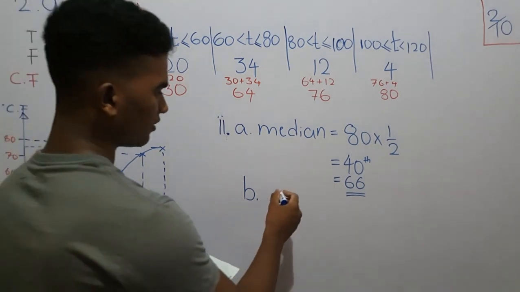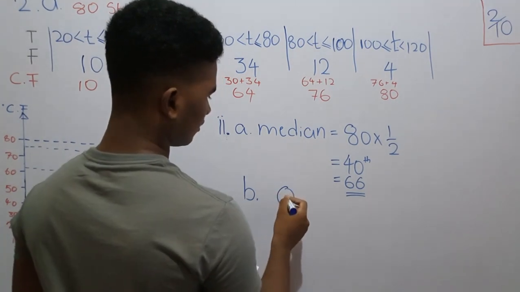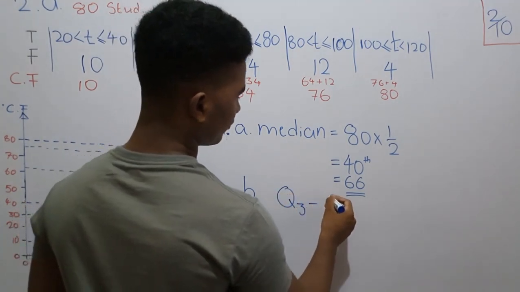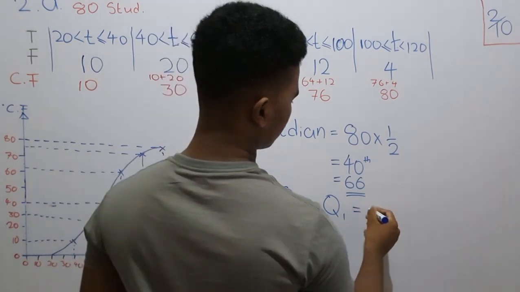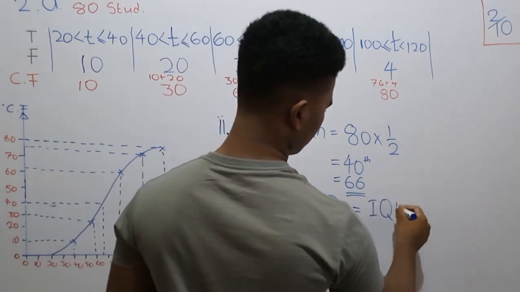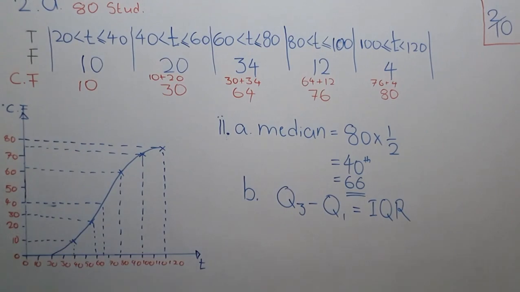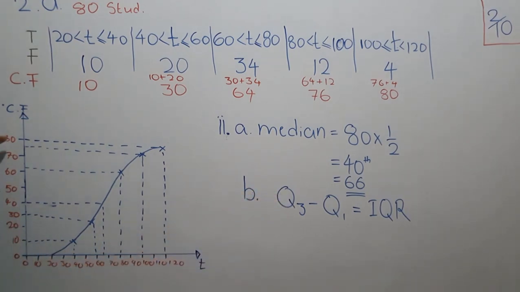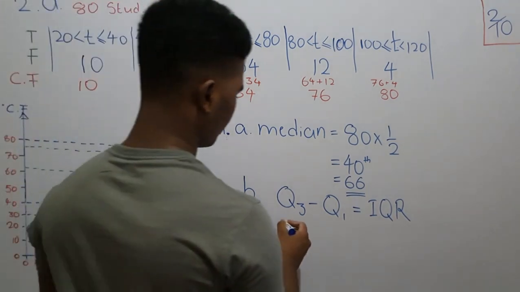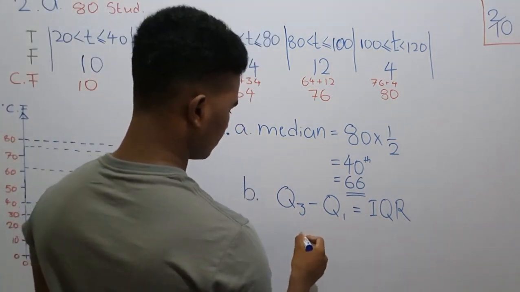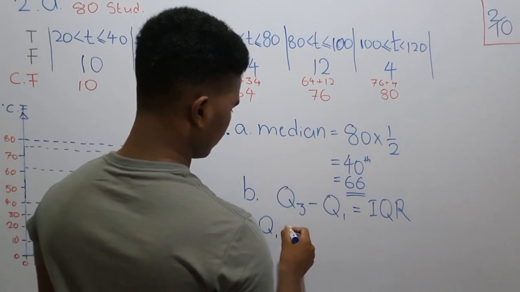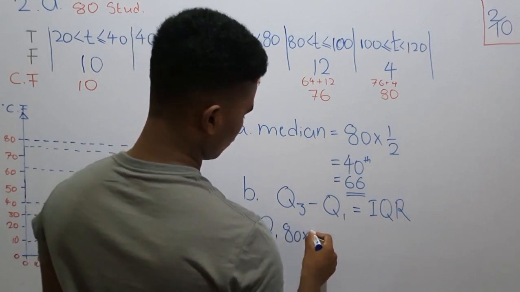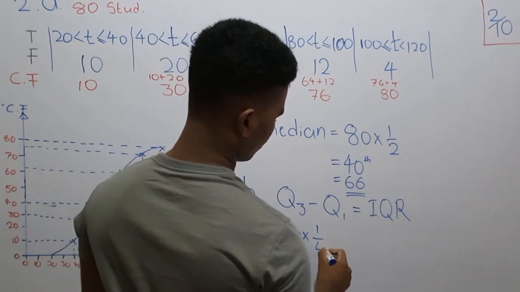Interquartile range is third quartile minus the first quartile. That is interquartile range. So to get the 25%, that is Q1, first quartile, we have to multiply 80 by 25%, which is 1 over 4.